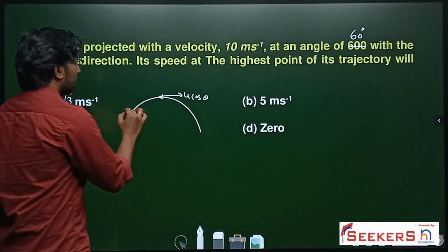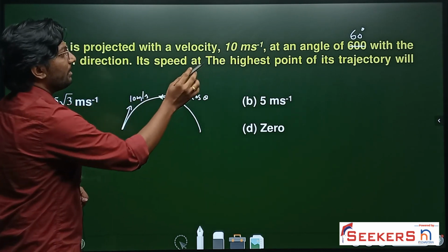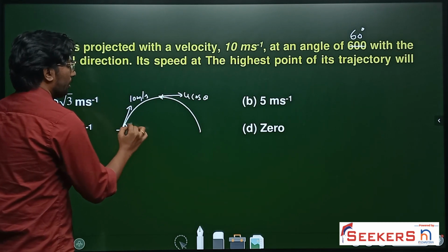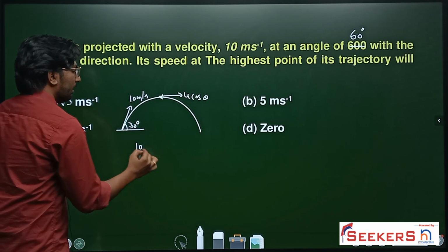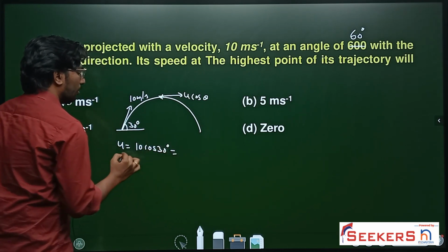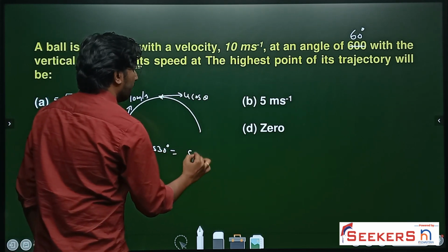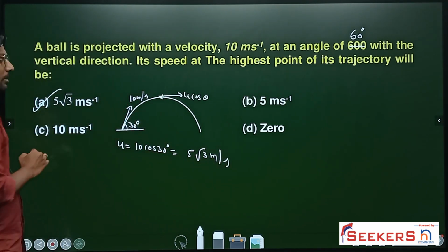Now, the projectile is projected with a velocity of 10 meter per second at an angle of 60 degree with the vertical. That means with the horizontal the angle is 30 degree. So here 10 cos 30 shall be the value of velocity at the highest point also. Cos 30 is root 3 by 2, so 10 into root 3 by 2 will be 5 root 3 meter per second, which is option A.